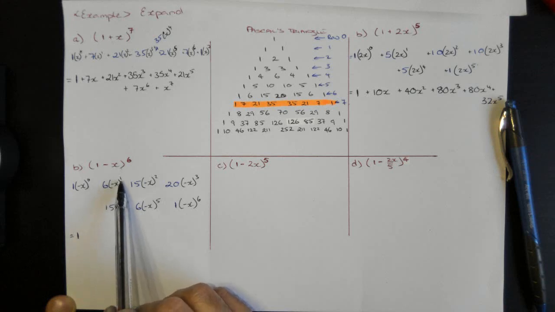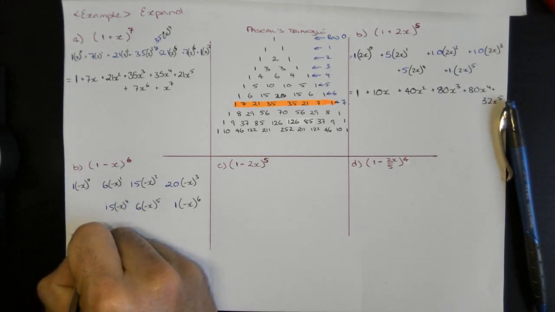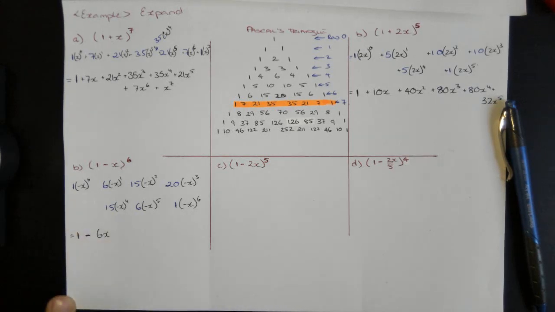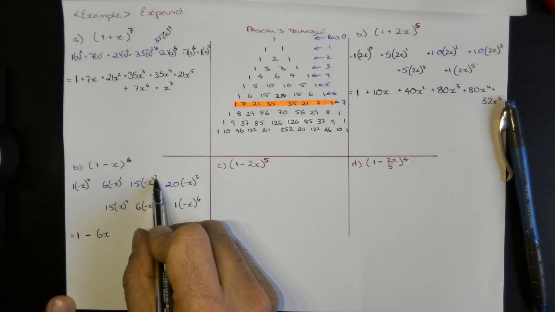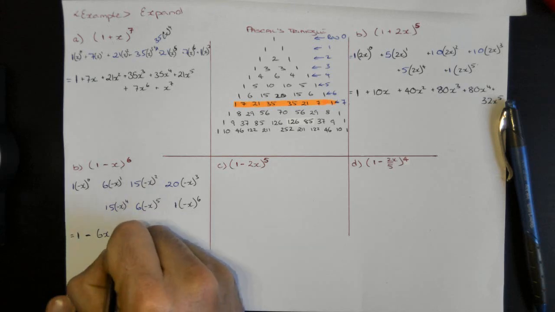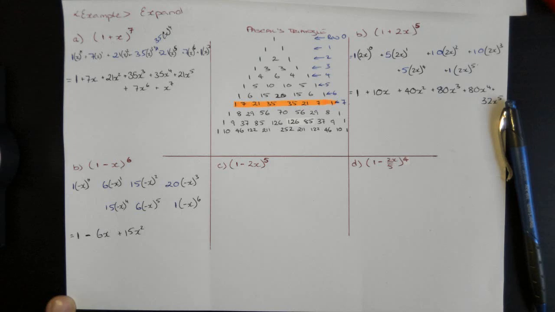Now, negative x to the power of 1 becomes negative, so this is going to become negative 6x. Negative x to the power of 2 is negative x times negative x, which becomes positive x squared, so this is going to become 15x squared.